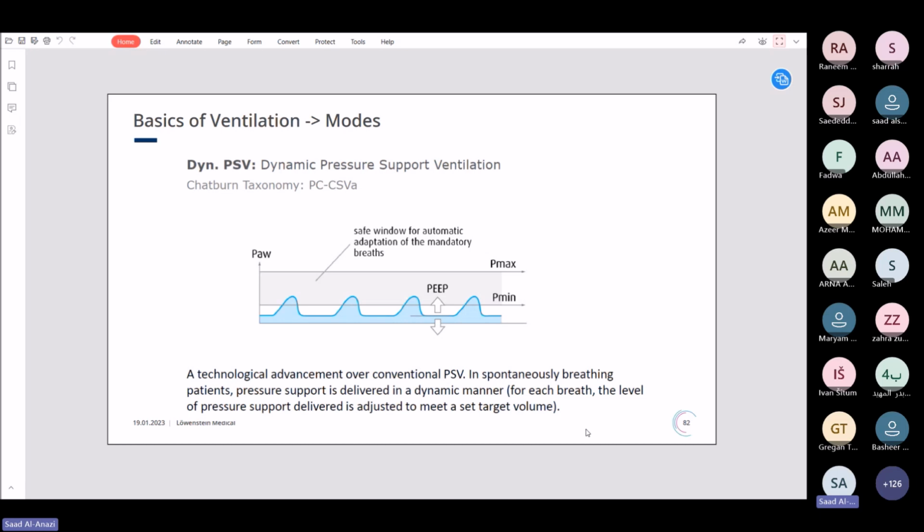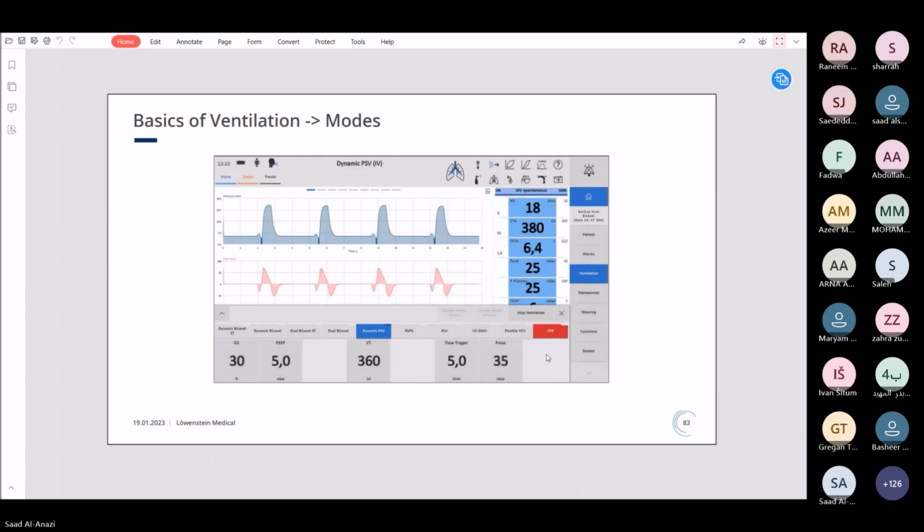It's really a great mode to keep the patient on and observe the weaning phase. As you see here, you can have the PEEP and tidal volume for the dynamic bi-level because you have the target tidal volume, as we mentioned, for spontaneous breathing, and the pressure will go up and down to deliver the set tidal volume for this patient.